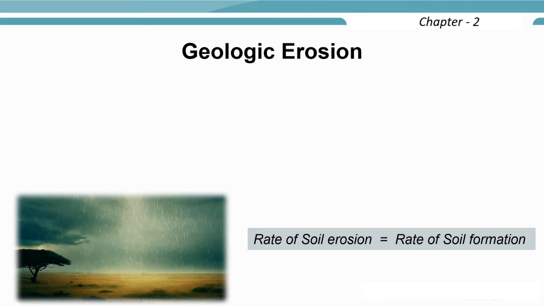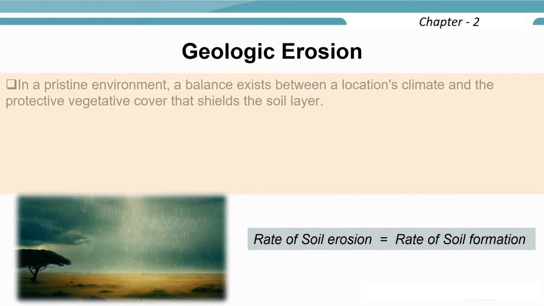In a pristine environment, there exists a balance between a location's climate and protective vegetation cover that shields the soil layer. Although vegetation such as trees, forests helps in slowing down the movement of soil particles, a minimal degree of erosion still occurs even under natural cover.